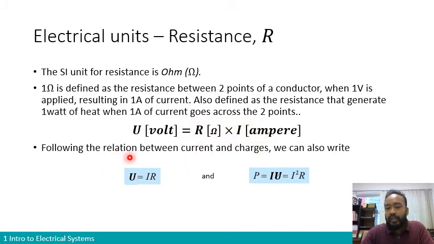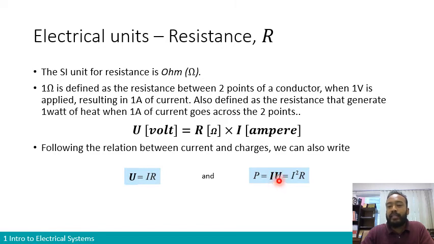Following the relation between current and charges, we can also write U equals Ri, of course, and P equals, so power, because you know what is power. Power is basically voltage times current. So power is IU.